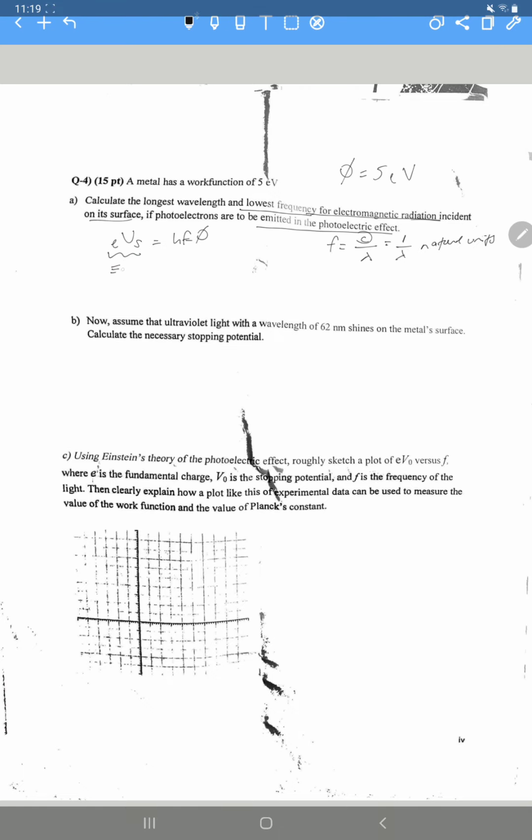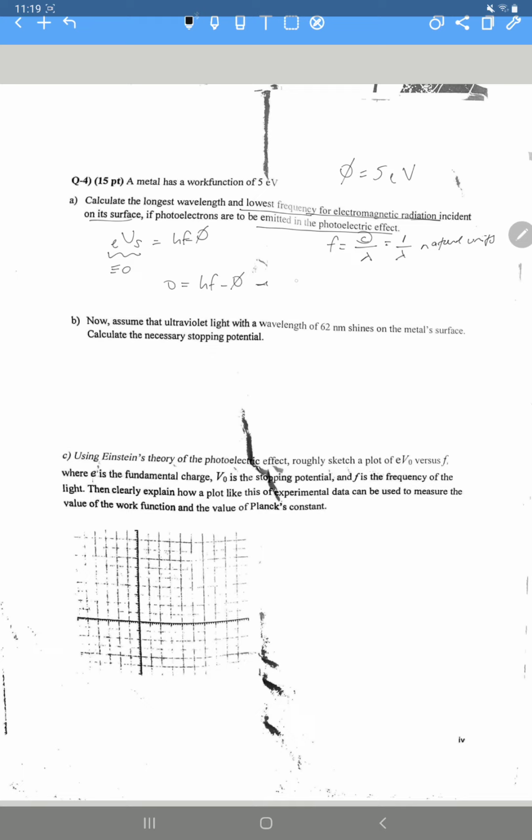So what we're going to do is, if we want the lowest frequency for the electromagnetic radiation incident on the surface to emit some photoelectrons, we need the lowest. So this part, we might equate it to 0 to find the lowest one, so that we just have to give some wavelength for it to barely emit photoelectrons and nothing else.